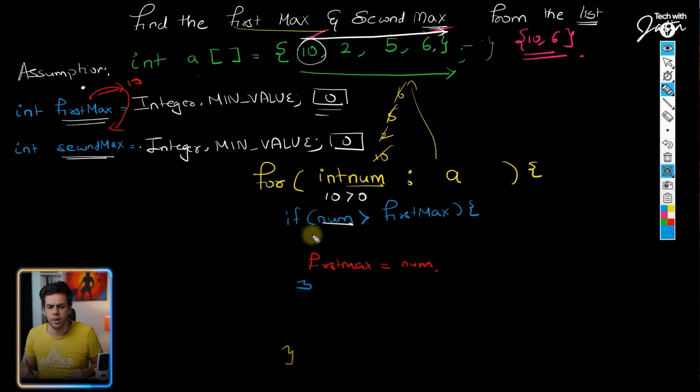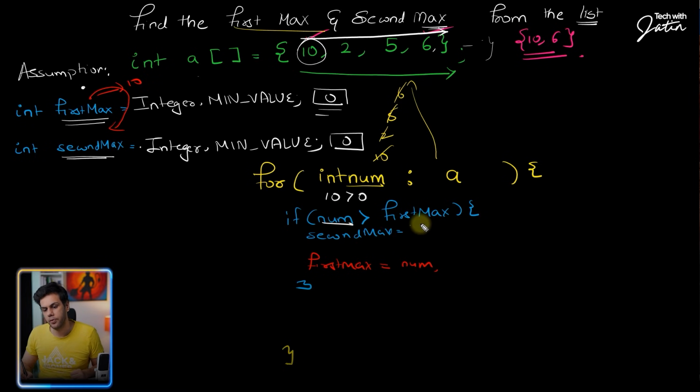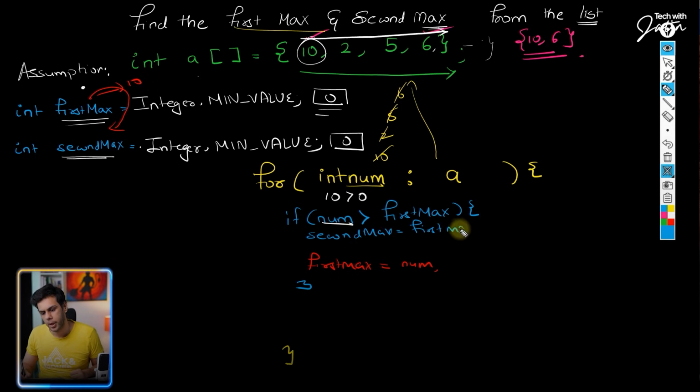So here I'm going to update second max with first max. And then I'm going to update first max with number. So over here, this 0 will be copied and put in the second max. And over here, first max will be updated with 10.